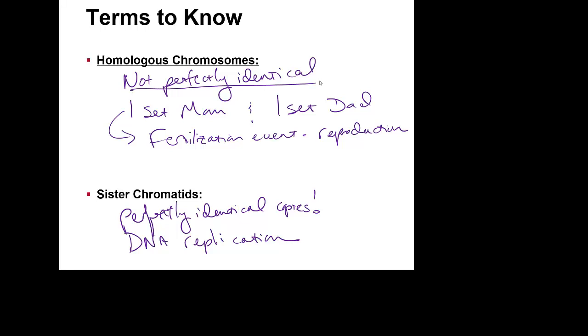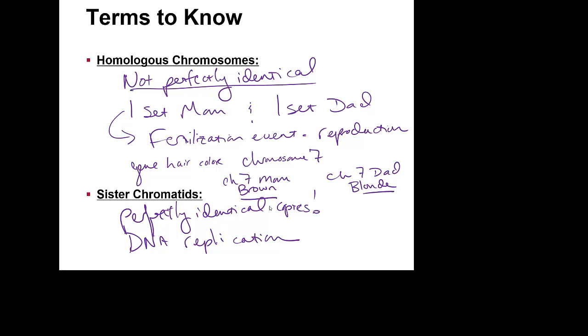If these are not perfectly identical, take your gene for hair color. It's carried on a chromosome. Let's say chromosome 7. It doesn't matter. It's not actually 7, but just for reference. So you get a chromosome 7 from mom. You get a chromosome 7 from dad. Maybe mom says you're going to have brown hair. Dad says you're going to have blonde hair.